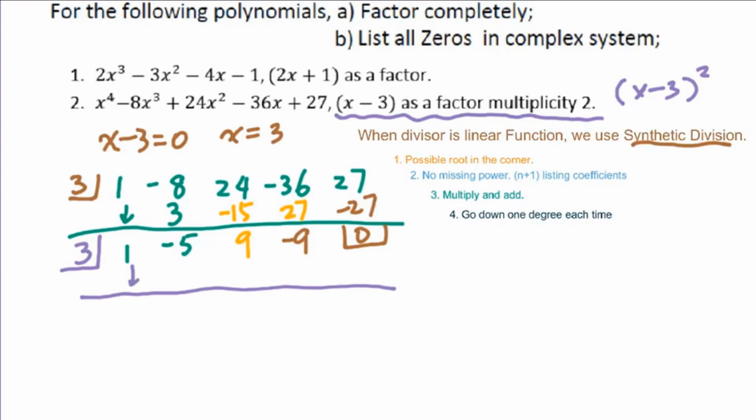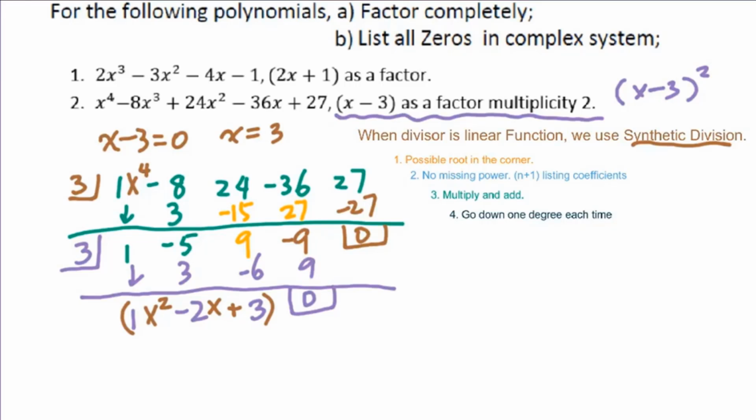So we get 1, 3, negative 2, negative 6, 3, 9, and we get 0. Then check the leading term, this is x to the fourth. Since we did synthetic division twice, we get x squared, then x, then plus 3.